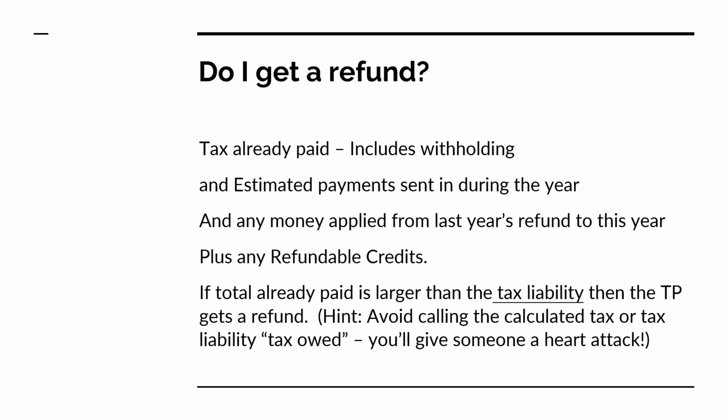So the tax that someone already paid includes any withholding, any estimated tax payments that they sent in during the year, any money applied from last year's refund to this year's taxes, plus any refundable credit. If the total paid is larger than the tax liability, then the taxpayer gets a refund.